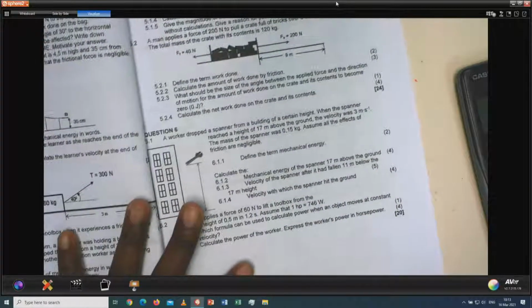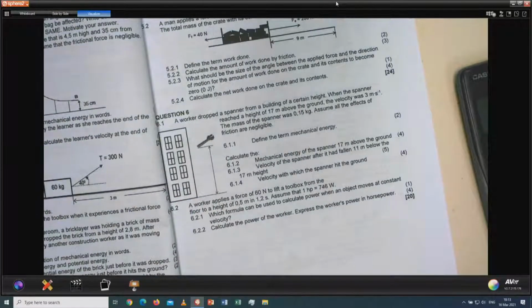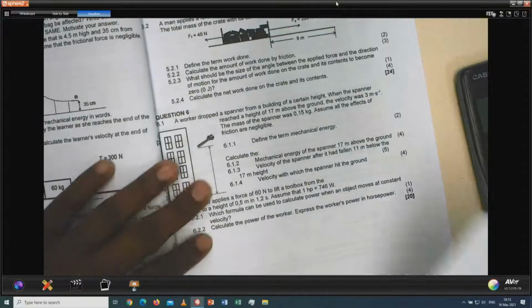Now, I hope that question 4 was nicely expanded, but the section on energy we will do later. I just want to do another question on work. If we look at question 5.